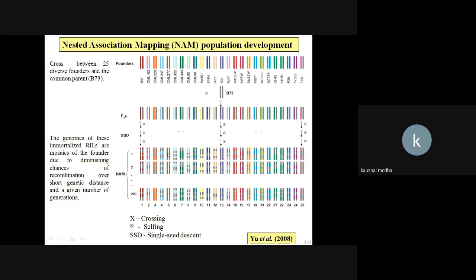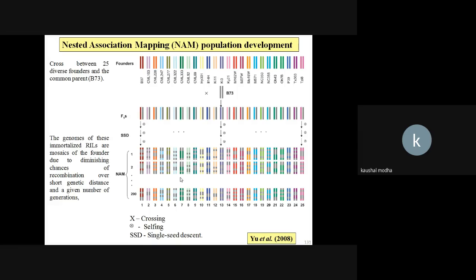And you can obtain selected RILs also, not necessary that we study all these 5,000. Depending upon the trait under consideration, you can select the founder lines and obtain RILs for those founder lines only. You phenotypically evaluate that population, and because these are RILs, they are an immortal population.